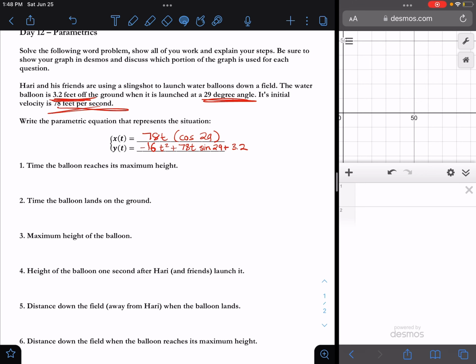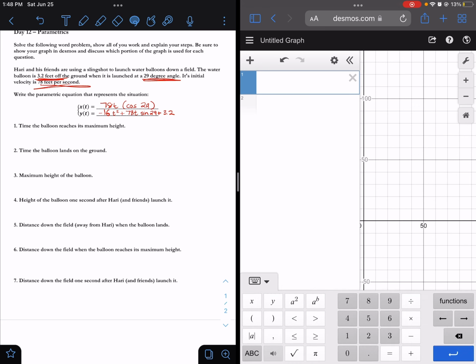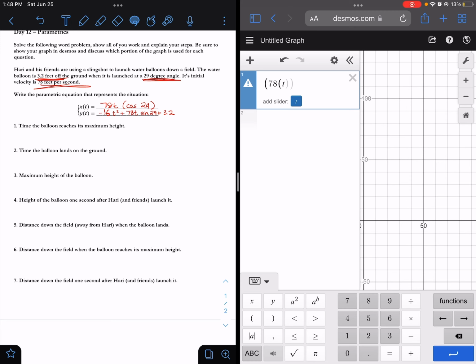Now, we're going to graph these two equations, or this parametric equation, in decimals. To do that, first we treat it as a coordinate point. So we first open our parentheses, then we write 78 t, then we close our parentheses, then we do cosine.